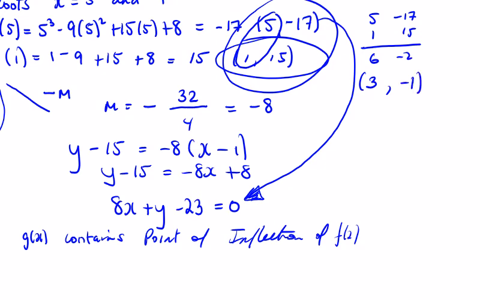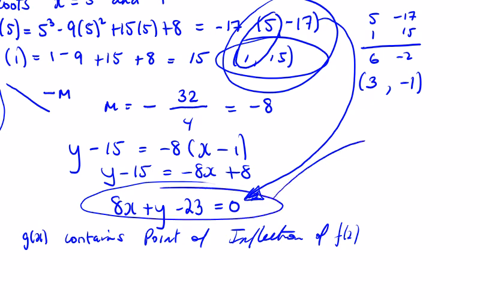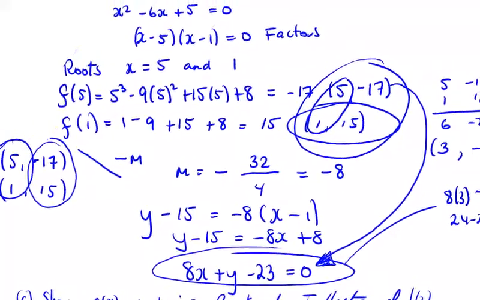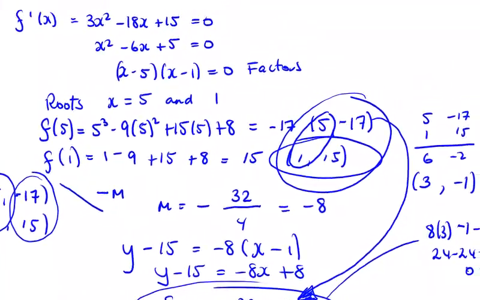So the point of inflection is 3, minus 1, and we just have to show that this line contains that point. So we put in 3: 8 times 3 minus 1 minus 23 equals 0. 24 minus 24 equals 0. 0 equals 0. Most people would just use f double prime, let it equal 0 to find the x value of the point of inflection. So we could do that as well.